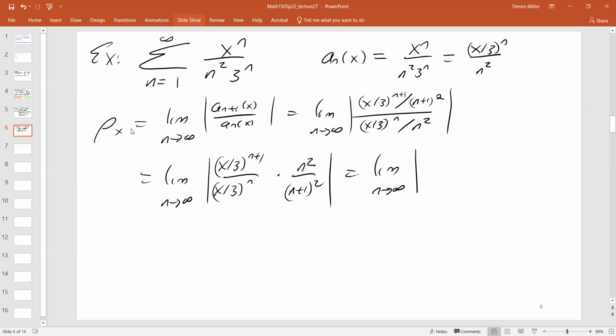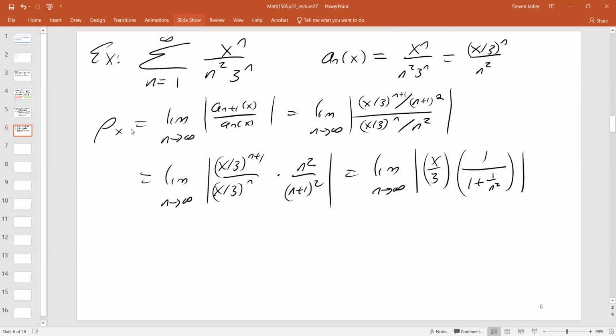That becomes x thirds. And then we have n squared over n plus 1 squared. What do you think n squared over n plus 1 squared is going to go to? 1. I can actually write this as 1 over 1 plus 1 over n squared.